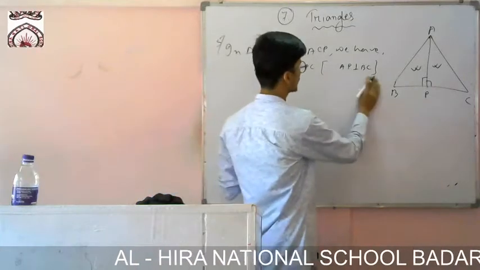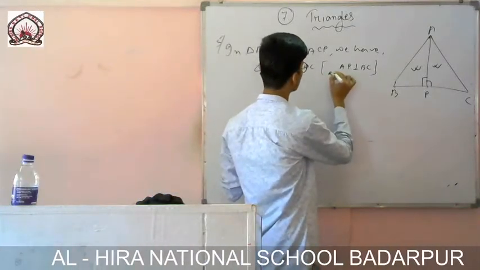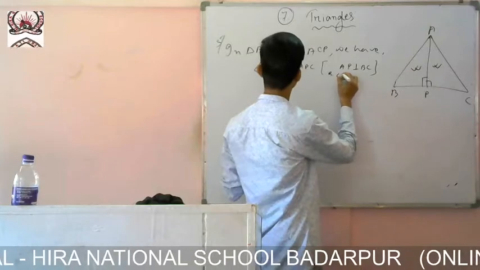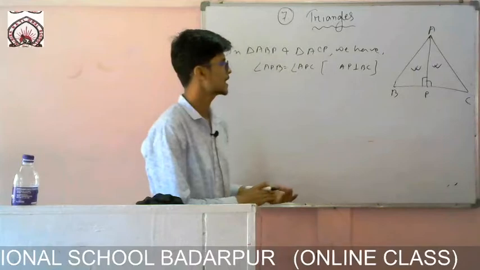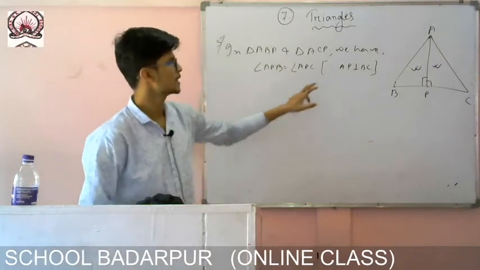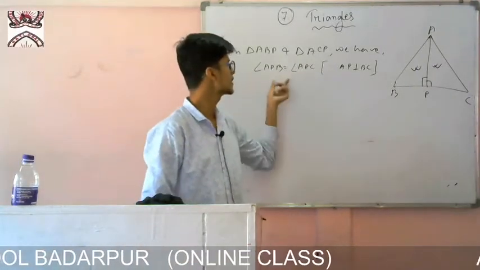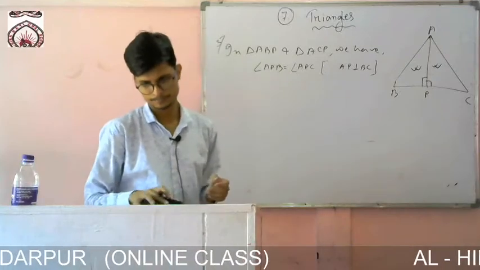Since AP is perpendicular to BC, so if it is perpendicular, that means these two will be 90 degrees.